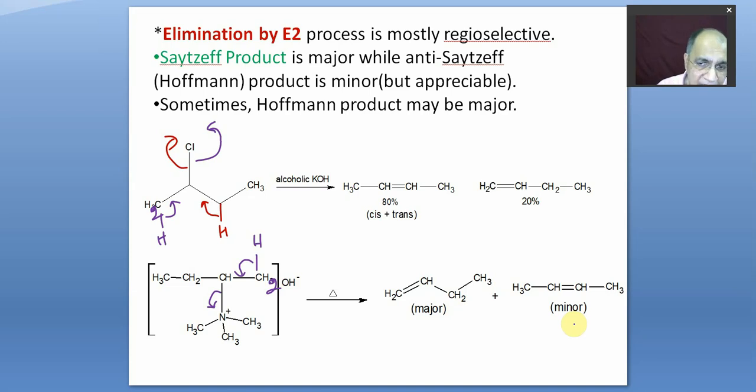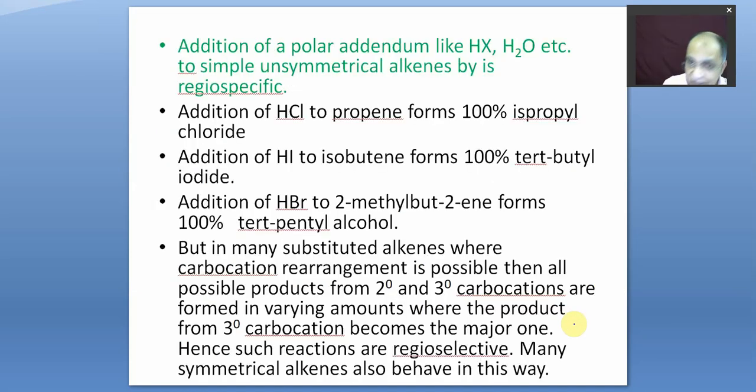Both the products are present. Not one is completely eliminated or extinct. Now let's proceed. Addition of a polar addendum like HX, HCl, HBr, HI, or water in presence of acid to simple, I emphasize simple, unsymmetrical alkenes is regiospecific.